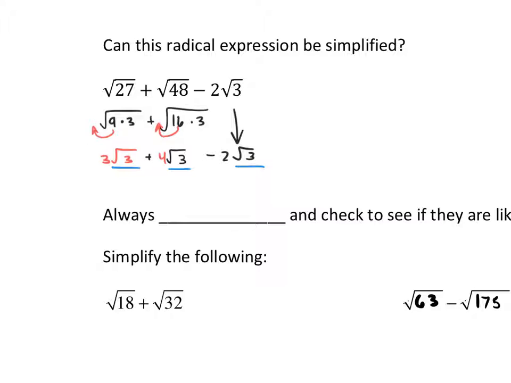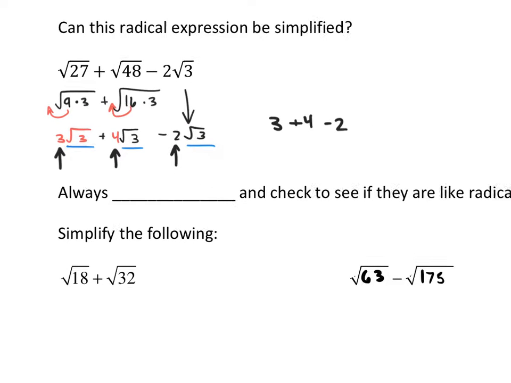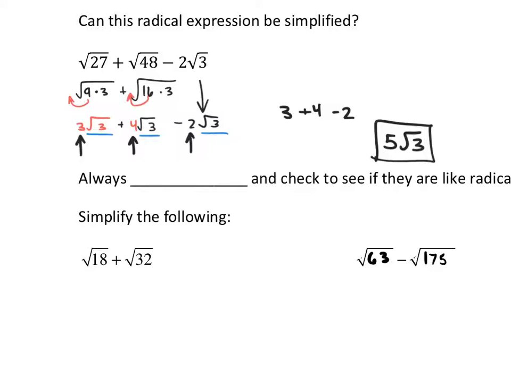So once we get that, all we're really talking about now is 3 plus 4 minus 2, right? Because we have 3 of something plus 4 of something minus 2 of that same something. So 3 plus 4 is 7. 7 minus 2 is 5. We have 5 square root of 3.